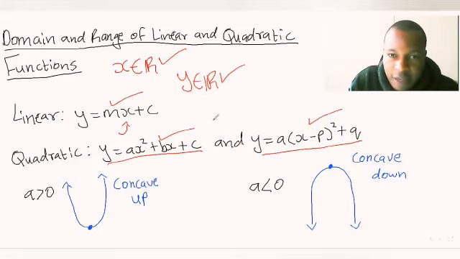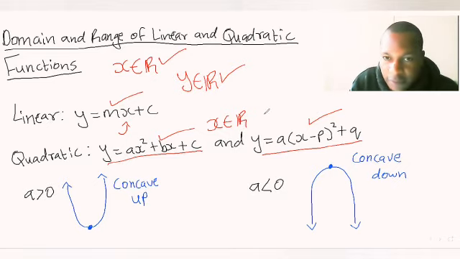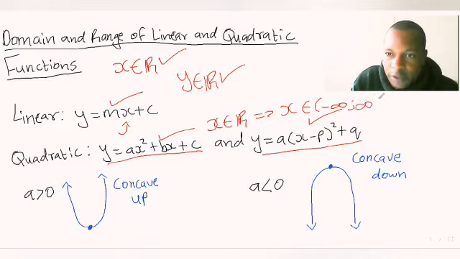It means that you can put in any x value and you won't have any difficulties. So the domain of any quadratic function would be x is an element of real numbers. Remember that x is an element of real numbers can also be written as x is an element between, not including, negative infinity and positive infinity. You can write either one, it does not matter.